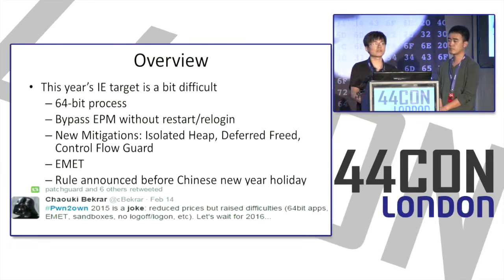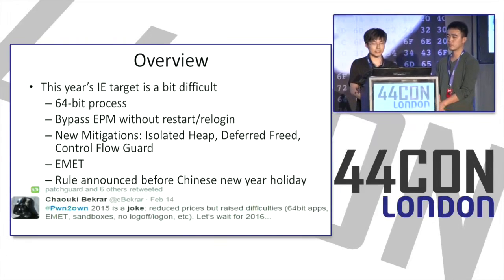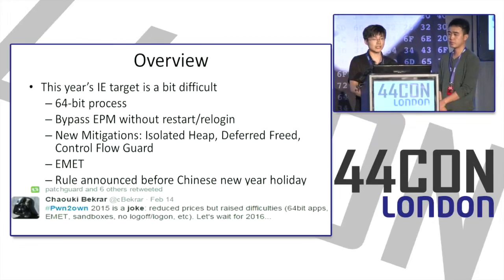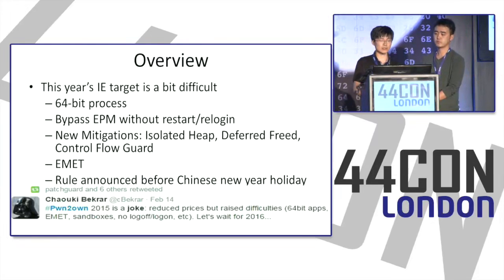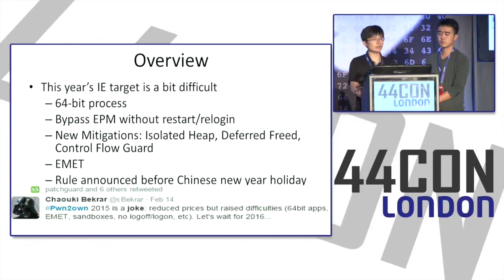For example, this is the first year that 64-bit Internet Explorer is used as a target, and exploiting 64-bit IE is much more difficult than 32-bit IE. For example, the heap spray technique cannot be used in 64-bit IE anymore.